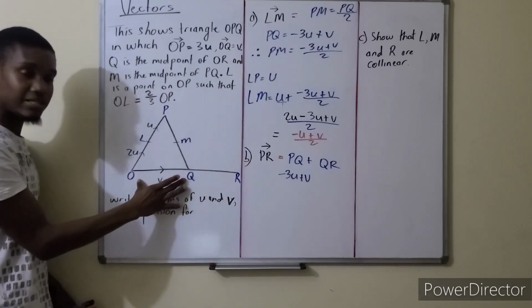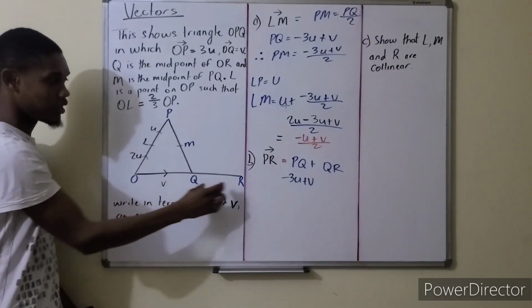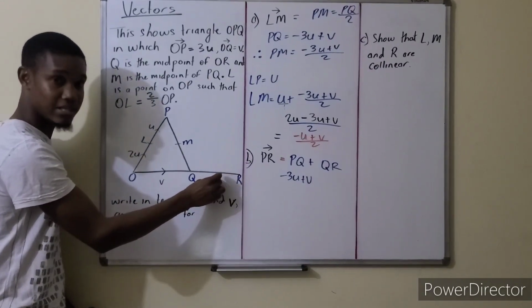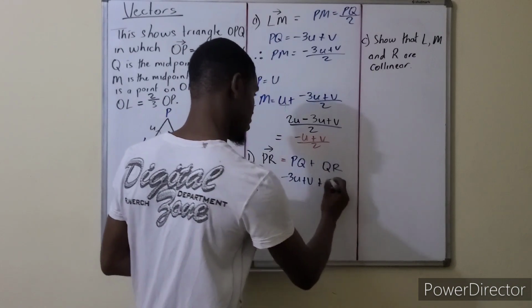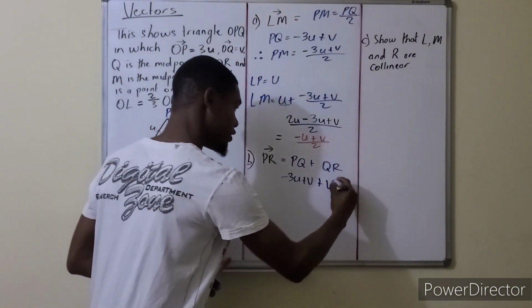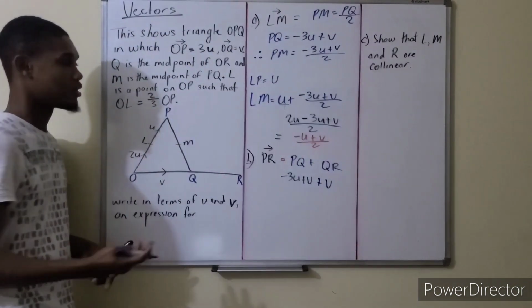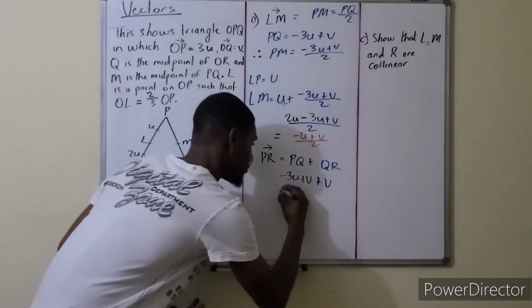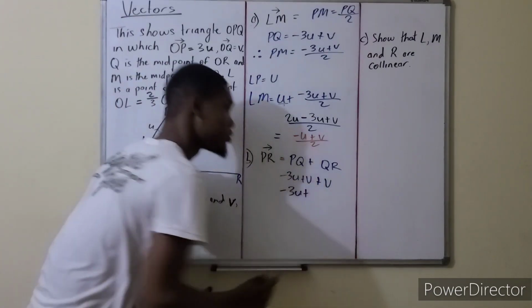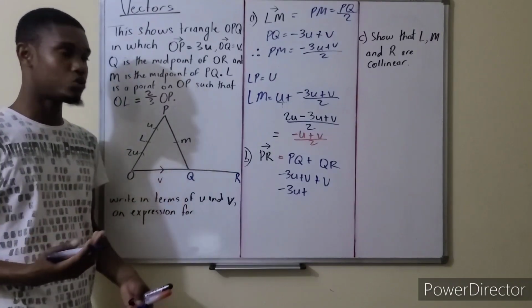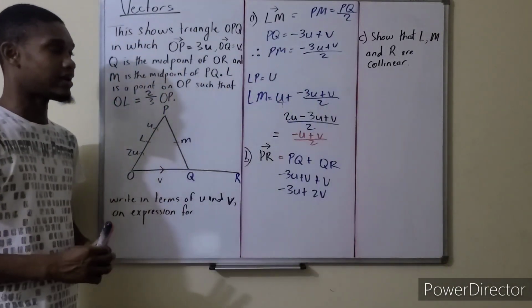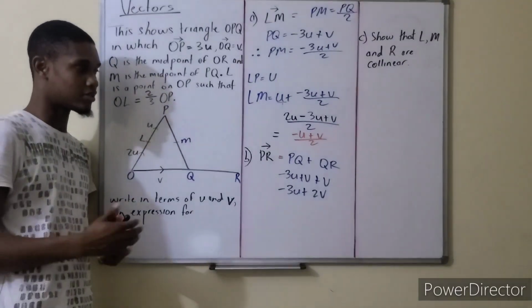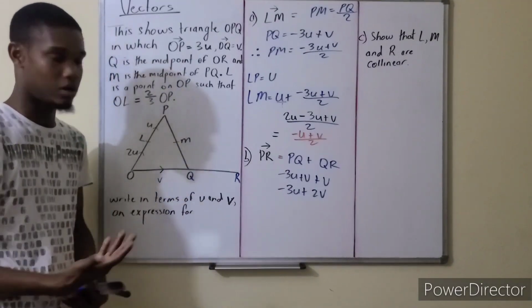So if this part is half of the line and it's v, it therefore means that this other side is also going to be v. So you can just put plus QR will be v, and you simplify it. So negative 3u plus v plus v gives you 2v, and that would be what PR is, because u and v you can't add together.